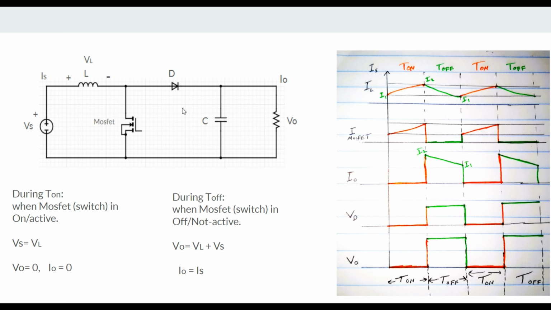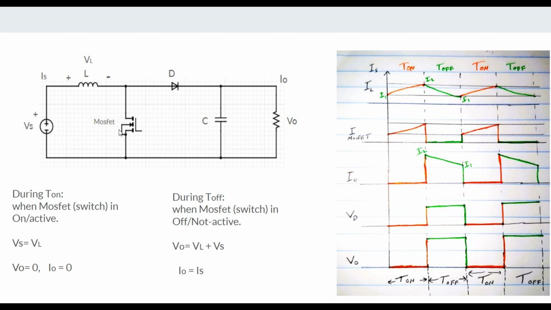And when the MOSFET was turned off, the magnetic field energy drops its power on the output. That's why the current decreases in the off state. At the same time, while the inductor current was increasing, the current through the MOSFET also increases, not quickly, but in the same way. That's why these two waves are the same.